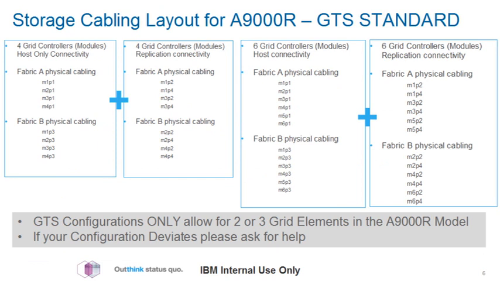If you currently have no replication or migration connectivity needed, then you don't need to worry about the box on the right-hand side. That's the same layout for both the 4 grid and the 6 grid controllers. Both have standard connectivity on the left and the replication connectivity on the right.